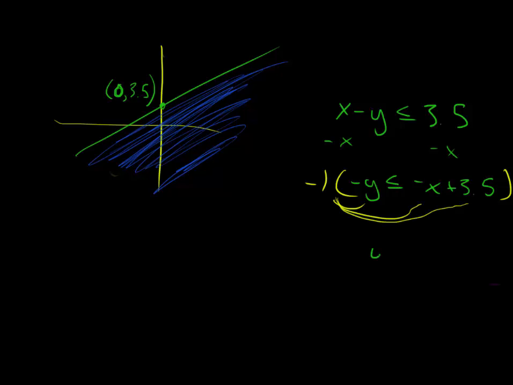Doing so gives us positive y, changes the direction of the inequality sign, giving us greater than or equal to positive x minus 3.5. In this case, the slope is right because it's positive in the equation and the graph, but the y-intercept is wrong and the shading is off as well.